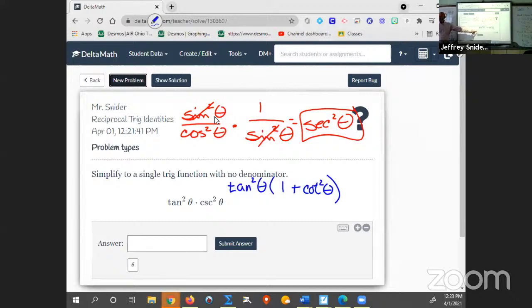Wasn't that one of our trig identities? Yeah. Pythagorean identities. Now what do I do? Is this right? I gotta be careful here. Very, very careful.